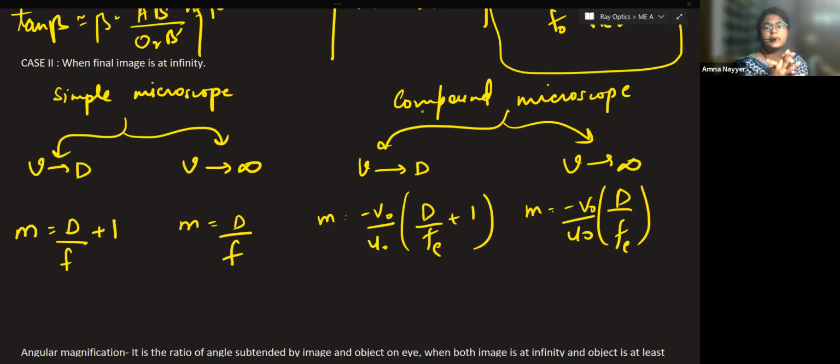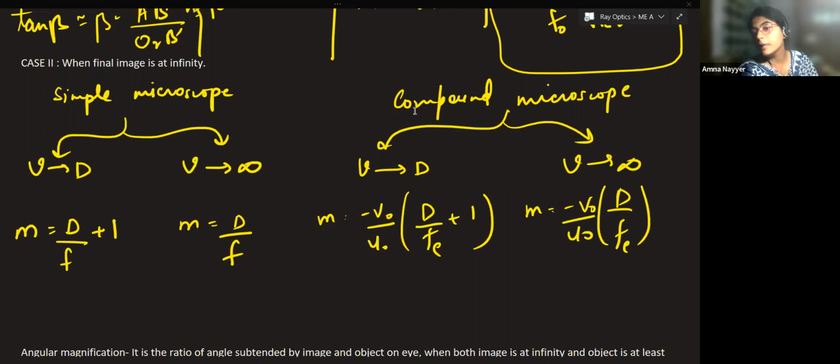And what is the least distance of distinct vision, Sana? How much is it? 25 centimeter. Good, Sana. And the other case is when your final image is formed at infinity.